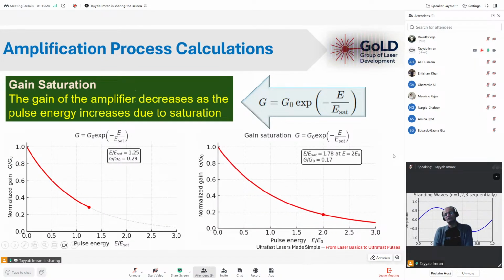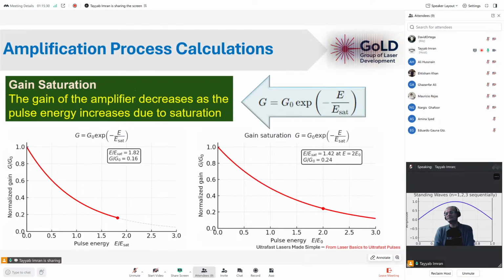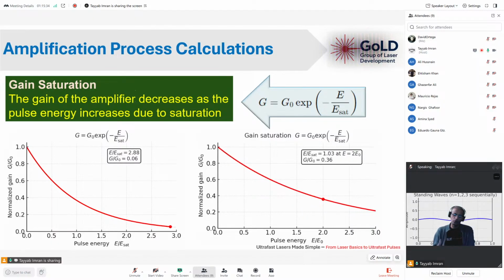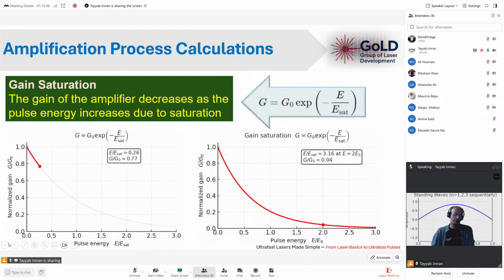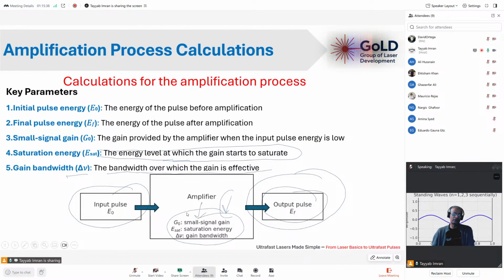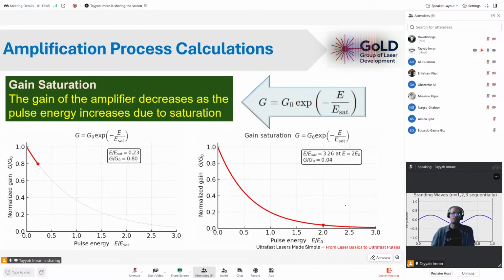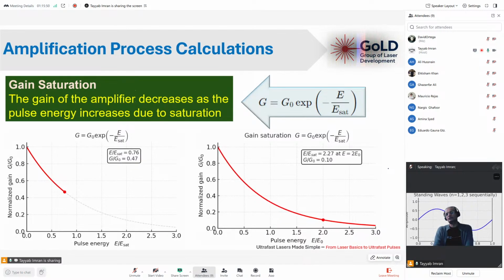First we need to find out the gain saturation. If we know these parameters, okay, but if we don't, then we have to find them out. That is why it started from the gain saturation.